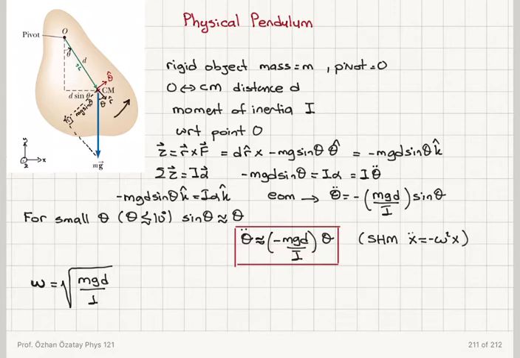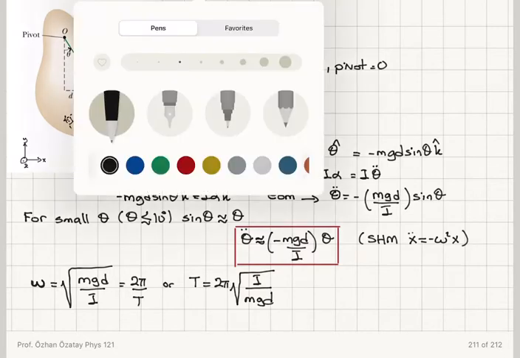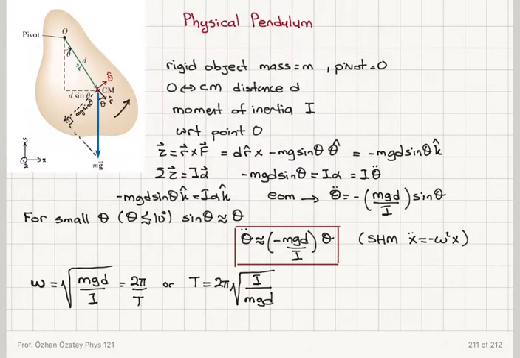So we can see that the angular frequency omega for these oscillations will be square root of mgd over I, which is 2 pi divided by the period, or the period of small angle oscillations will be 2 pi square root of I divided by mgd. So that's the period of small angle oscillations for a physical pendulum.